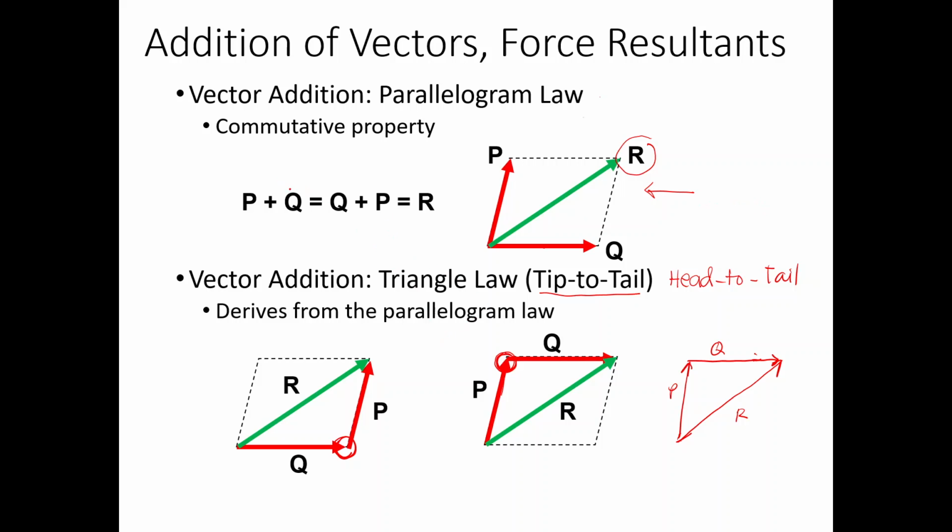It's at your own discretion whether you put P first and then connect Q, or Q first, as in the first diagram, then connect P. In the second diagram, that's P first, then connect Q. That's why we have the commutative property in vector addition: P plus Q is still equivalent to Q plus P, and it will still result in the same resultant.